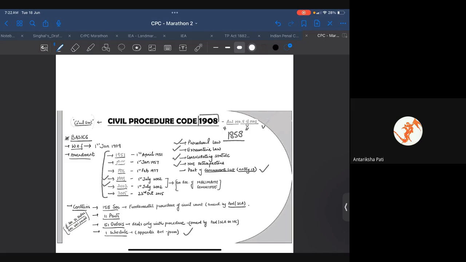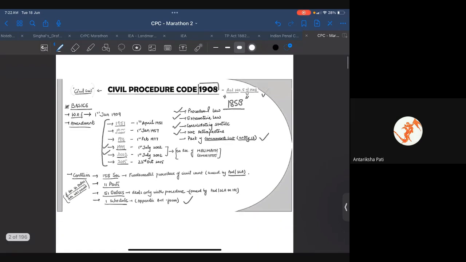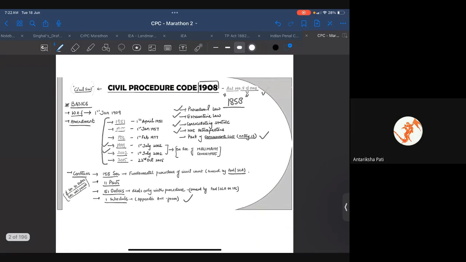Yes, it is a procedural law. It is exhaustive, and it consolidates all the laws at present. It is not retrospective, and it is part of the concurrent list, that is entry 13. On the recommendation of the Malimath Committee, the 1999 and 2002 amendments were done.